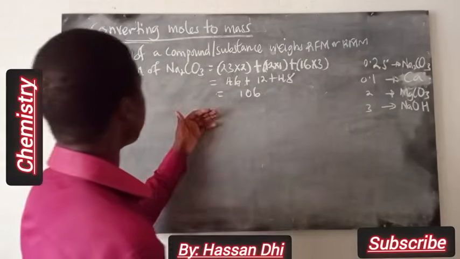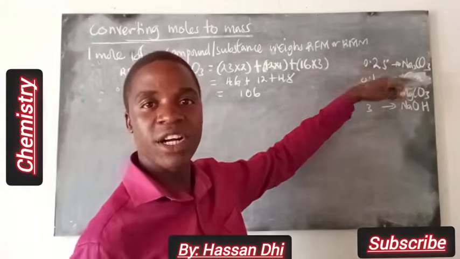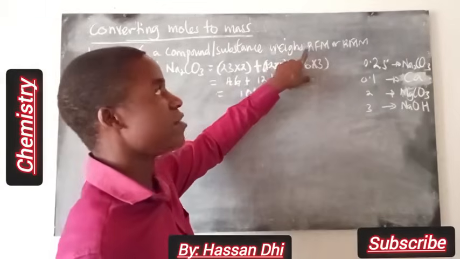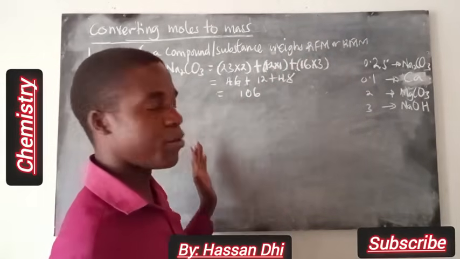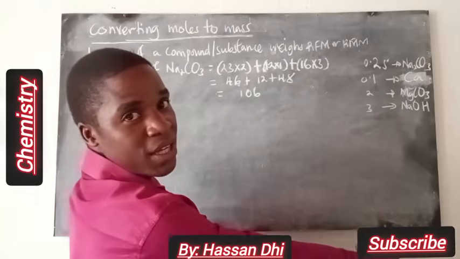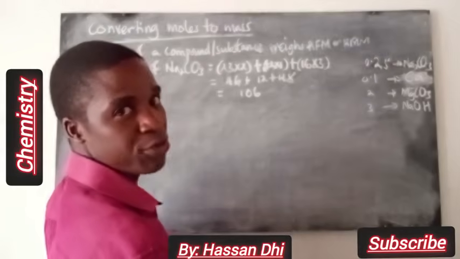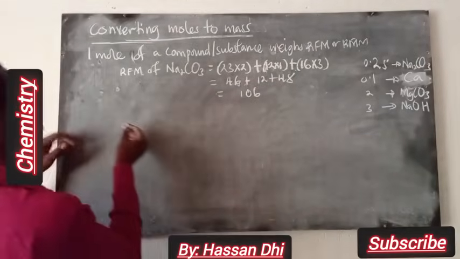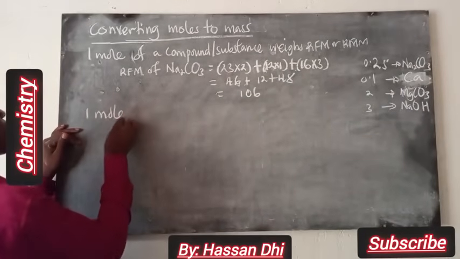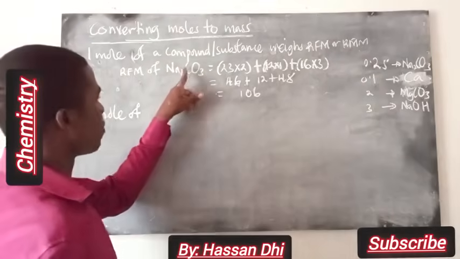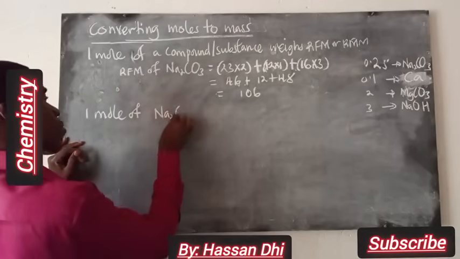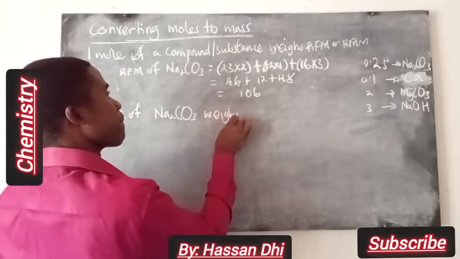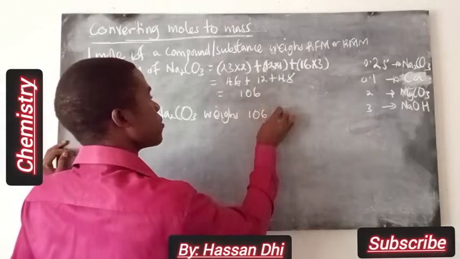Now, after getting the RFM, we want to transfer the number of moles we have to mass. What shall we do? We shall remember that 1 mole of a substance weighs its RFM. But what are we interested in? We are interested in the mass. Let us put mass on the right, and leave the moles we have been provided with on the left, such that we can calculate values. So since we have moles, we say 1 mole of sodium carbonate weighs the RFM, which is 106 grams.